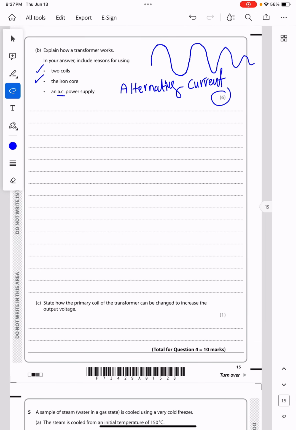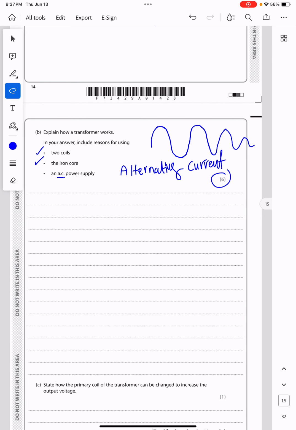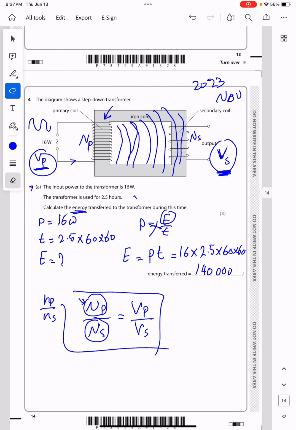So let's get to C. C is saying: state how the primary coil of the transformer can be changed to increase the output voltage. So they're saying the primary coil of the transformer can be changed. Here, let me clean it a little bit for you.